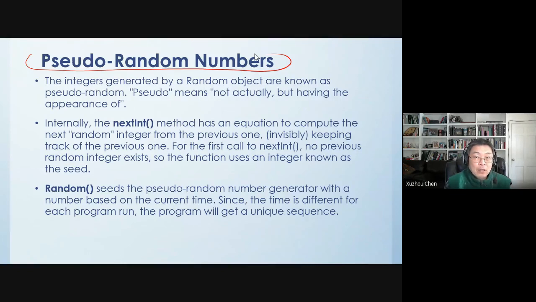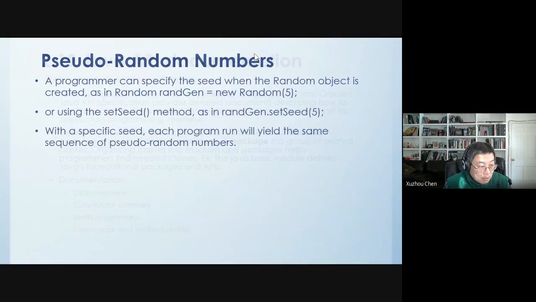It looks random but not completely, and you want to reproduce that sequence of random numbers. So you can use the pseudo-random number. Please read section 2.18 for the random number. I'm not going to spend time here talking about this.